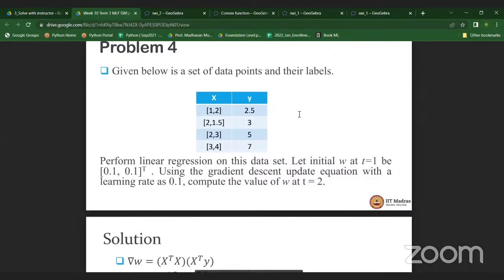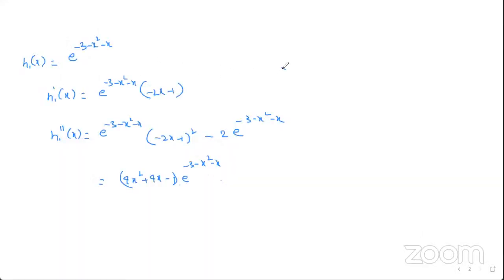What does this w signify? We have y equals w transpose x. X has two values, like 1 2, so basically this is the first feature and this is the second feature.